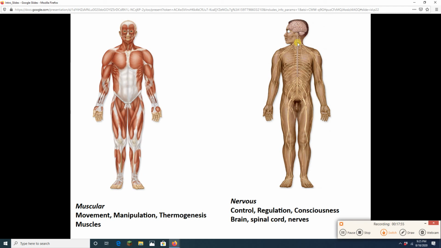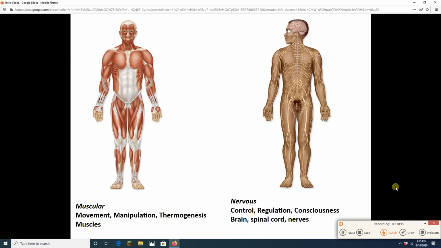Then over here on your right, we've got the nervous system, the brain, the spinal cord, and many nerves constitute the nervous system. Nervous system is involved in the control of your body, regulating things. It's involved in your consciousness and so much more.